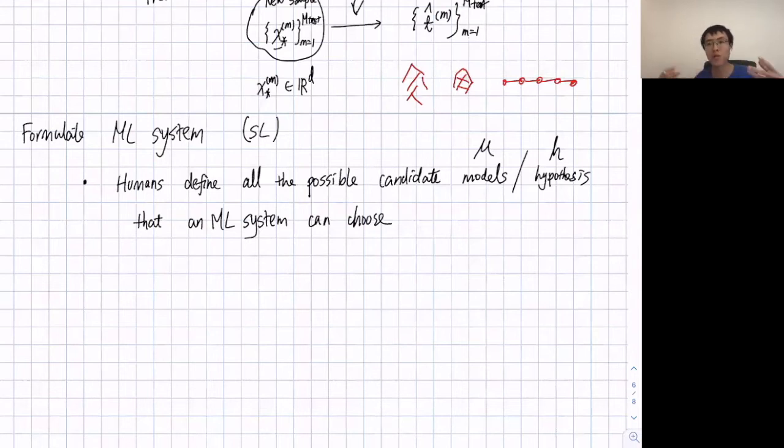I have to tell the model, here are some functions that I would prefer. And the machine chooses a particular function from the candidate set and says this fits best for the training set.